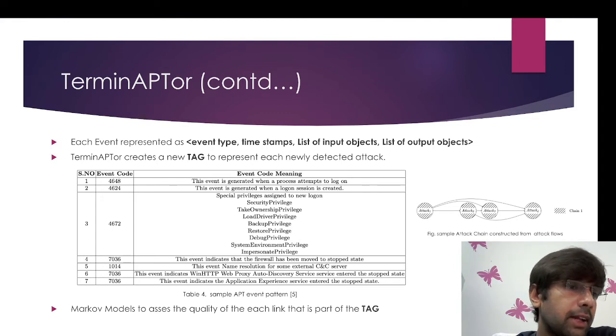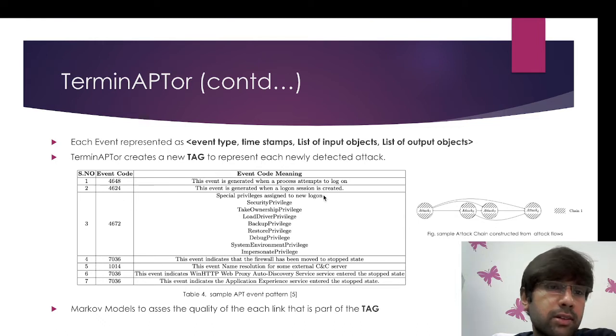The first event, 4624, means a process is trying to log in as a user, and a successful login session is established.